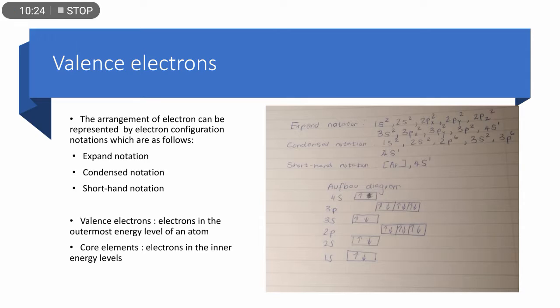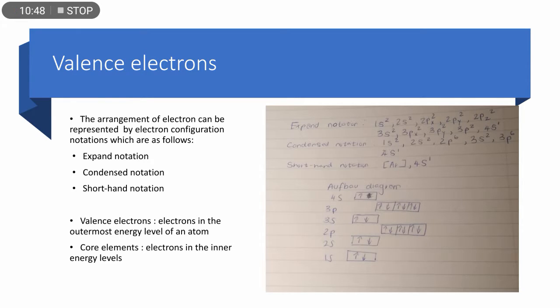In condensed notation, the electrons which have a common energy are condensed to be presented as one set. Okay, then we have the s orbital on the first energy level, which has 2 electrons.